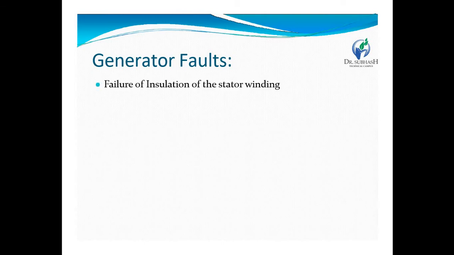First is the failure of insulation, which comes through heating, especially the location of that failure in a stator winding. Now, failure in insulation of the rotor winding. When the rotor is rotating at drastically increased speed, the heating of that rotor is very large, so failure of insulation can occur.